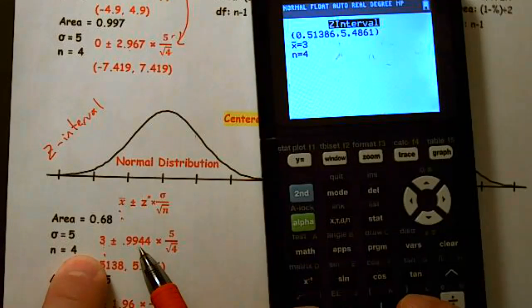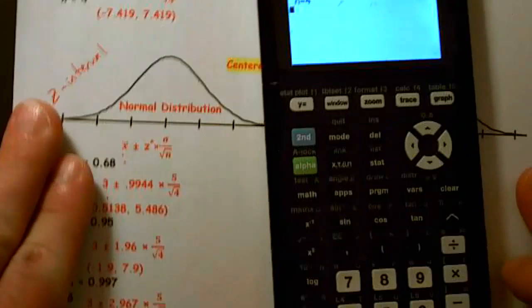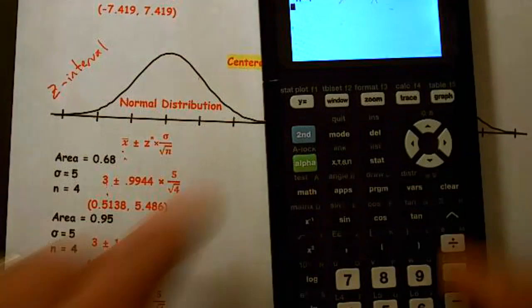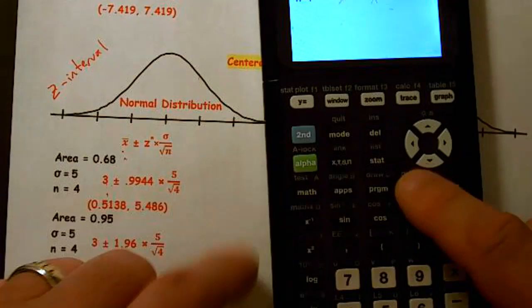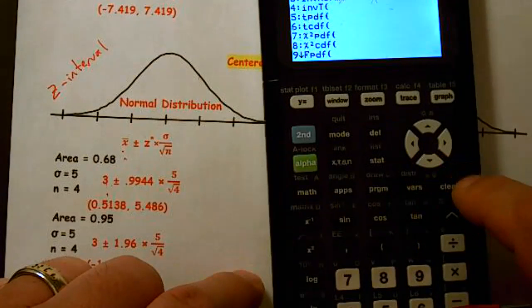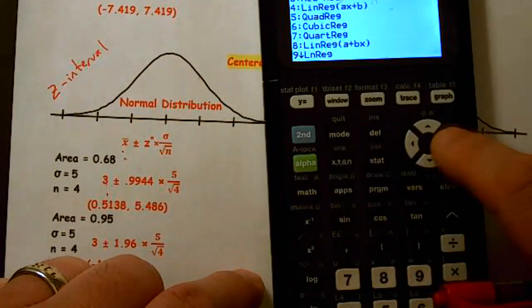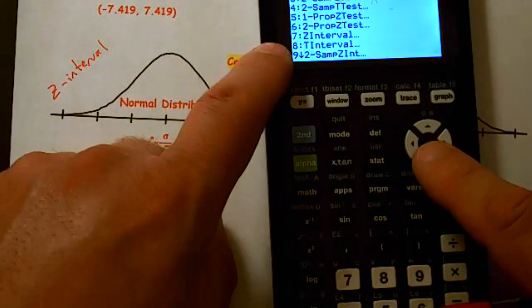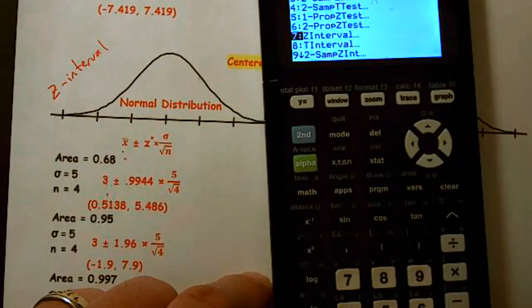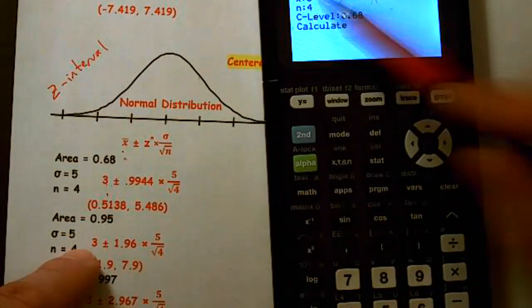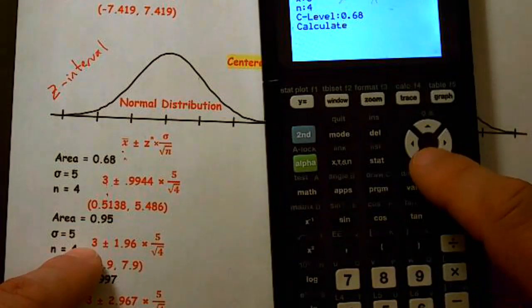It did this calculation for me behind the scenes. Let's do that again real quickly. We'll do it for the 95%. Second vars, stat, test, and we're going to go to number 7, which is a z interval. And we're going to go 5, because our standard deviation is still 5.